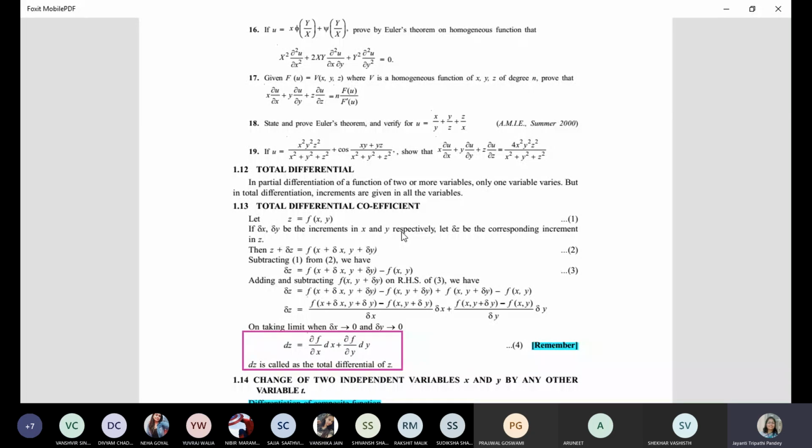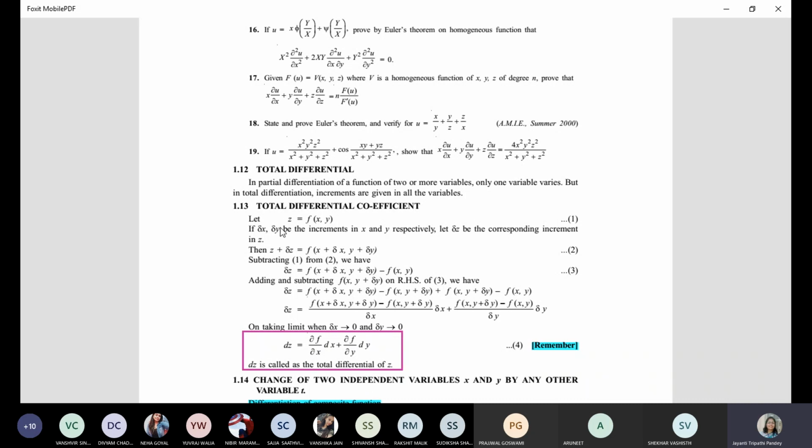Now I want you to note down the first way of finding the total derivative. In partial differentiation of a function of two or more variables, only one variable varies, but in total differentiation, increments are given in all the variables. That means you will keep on focusing on one variable at a time.